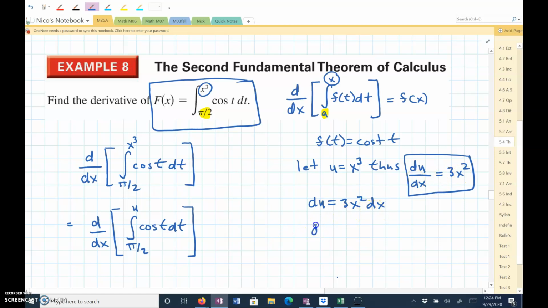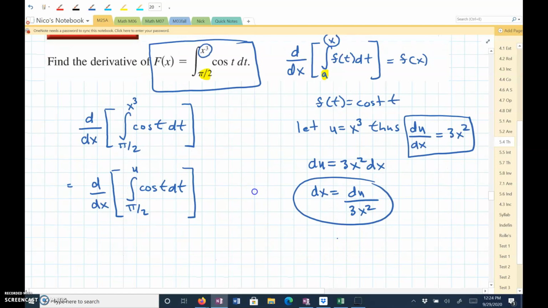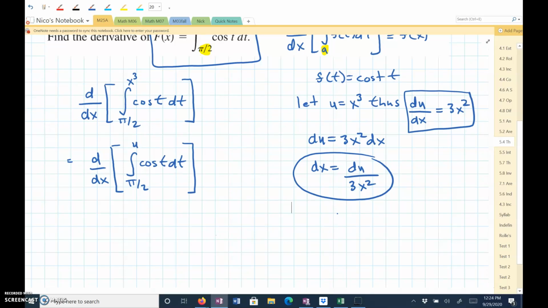And then I can say dx is equal to du over 3x squared. So now I'm going to replace dx with du over 3x squared.